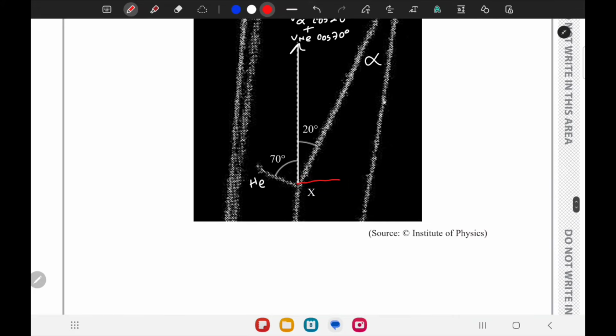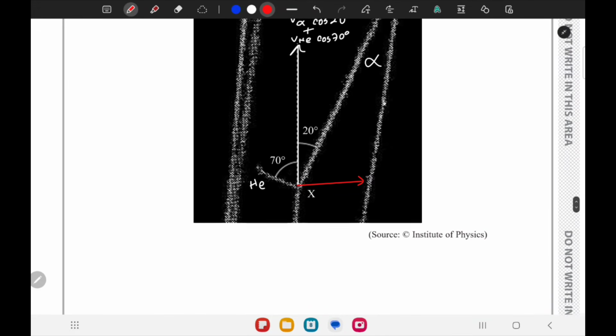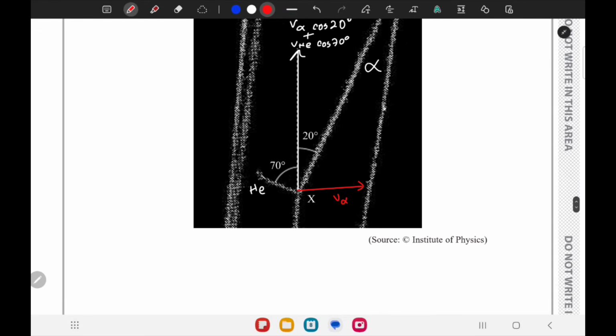And if we break it down left to right, on the right we'll have velocity of alpha sine 20 degrees, and on this side we'll have velocity of helium sine 70 degrees.